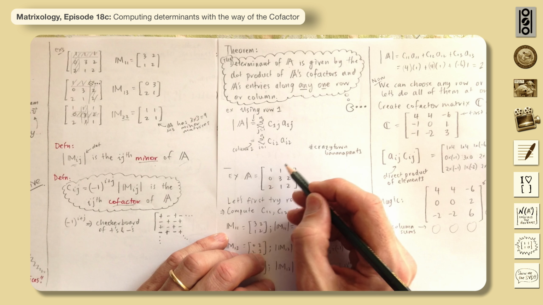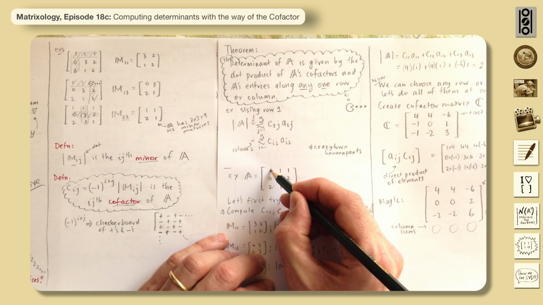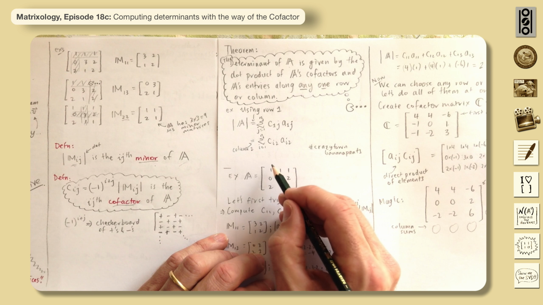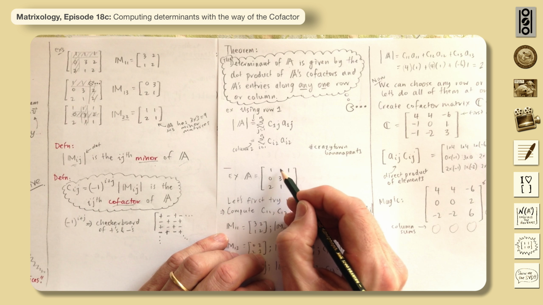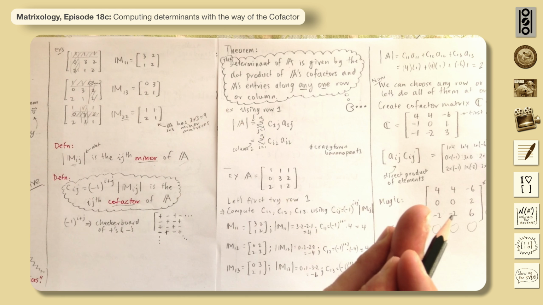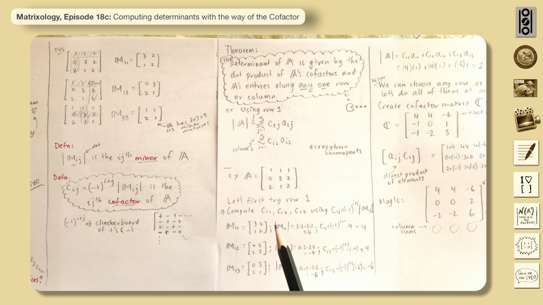So we can take the first row of A, find the cofactors for position 1,1, position 1,2, position 1,3, multiply those cofactors by these entries here, which are 1, 1, and 1, sum them up, that's what a dot product is, and that will be the determinant.